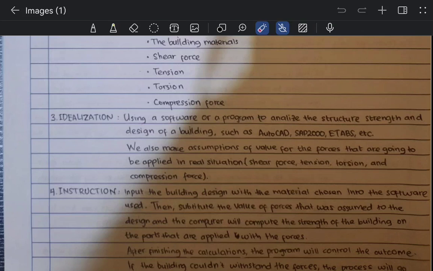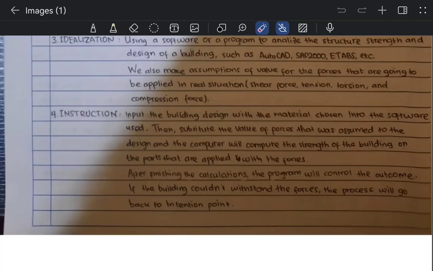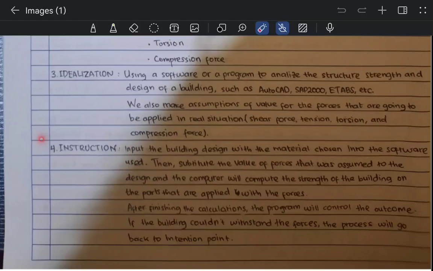So of course we will use software that is based on numerical method. And so we can conclude that the choice of using a software and the assumptions of the forces that are acting on a building is true.